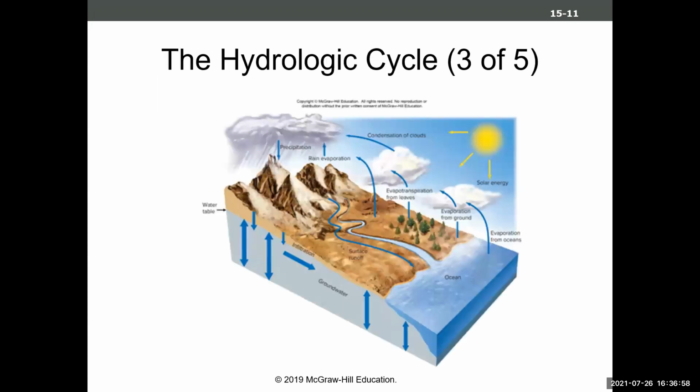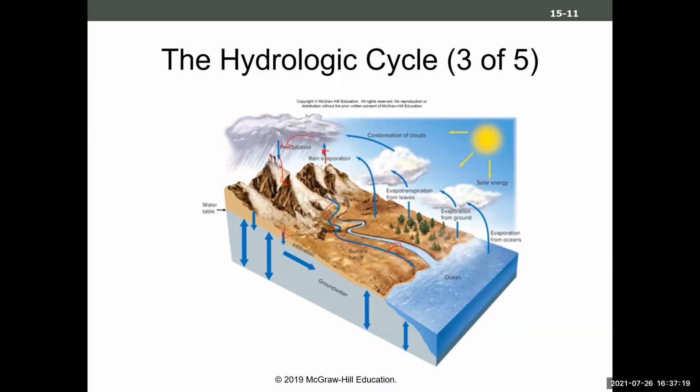Now, here's an example of water moving through the hydrologic cycle. So you have evaporation, that cooling, precipitation, so that rain comes down, it will infiltrate into the soil or it will run off, go into the river, the ocean, or lakes.